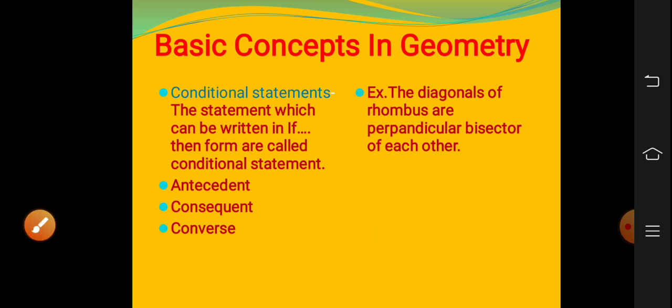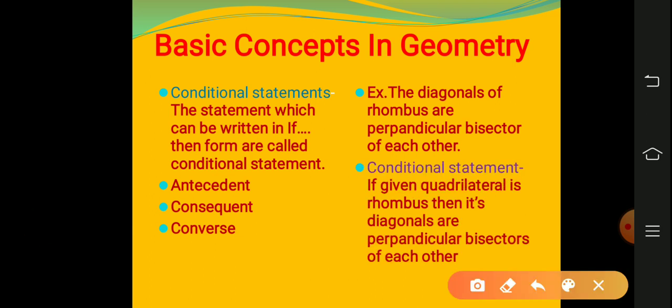Now we are going to convert this statement into a conditional one, and our answer is that if the given quadrilateral is a rhombus, then its diagonals are perpendicular to each other. In this, the part which is following if is called the antecedent. Here, the given quadrilateral is a rhombus.